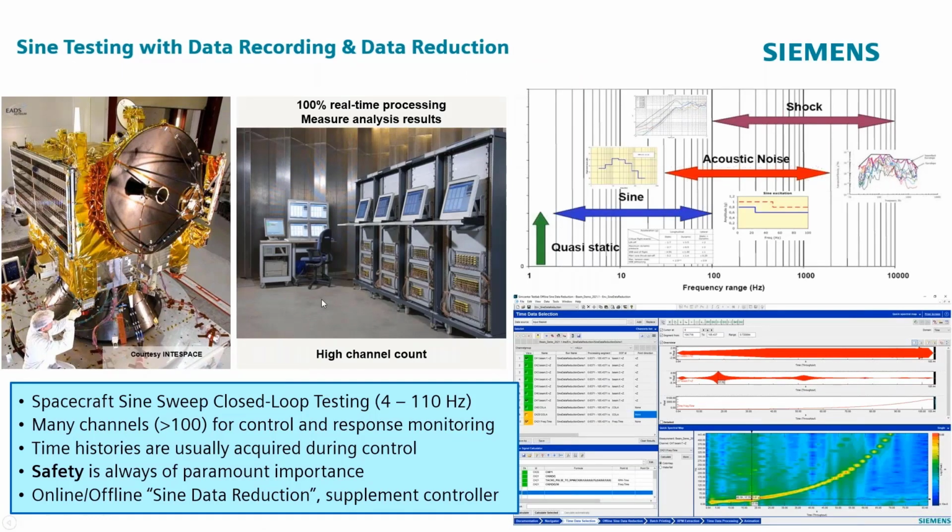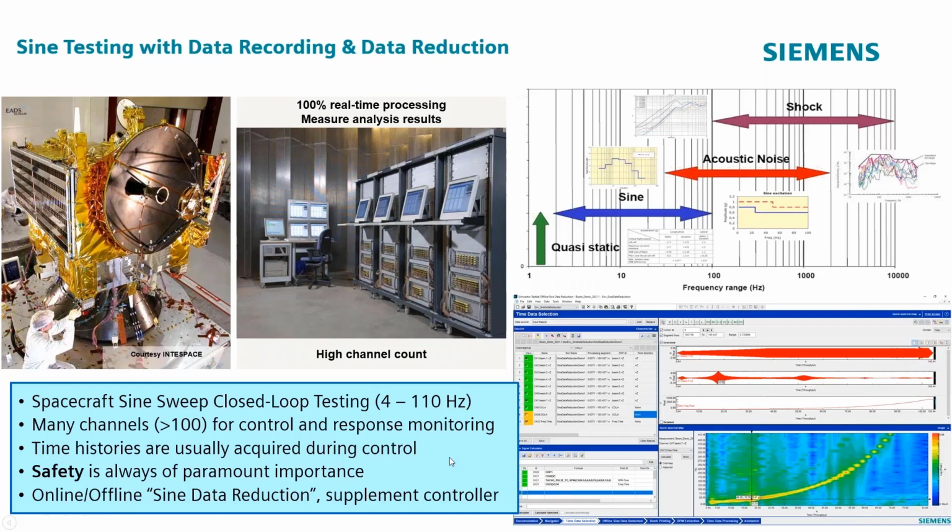And the controller itself, you might want to have a different setup just to manage the channels and be able to see just control and the important things going on in your controller, and then have your data reduction system as backup. You can do response limiting and stuff with online sine reduction.